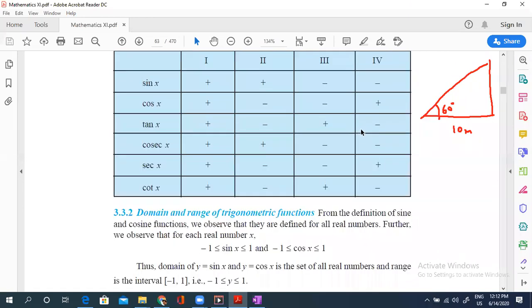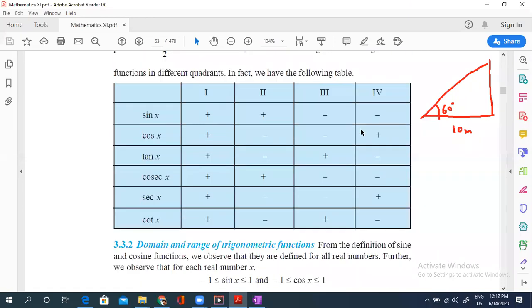Now, tell me what is the maximum value of sine theta?